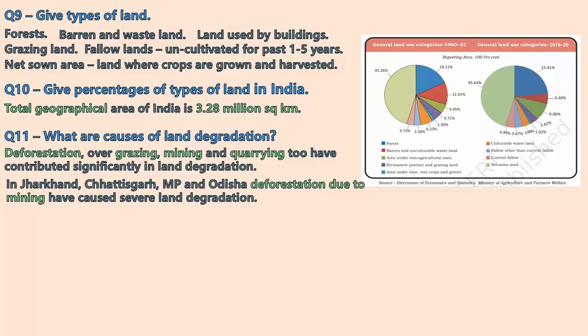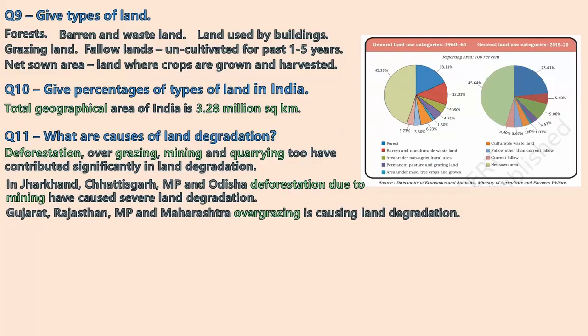In Jharkhand, Chhattisgarh, MP and Odisha, deforestation due to mining has caused severe land degradation. They wanted to mine minerals from the sands there, and those sands had forests on them, so they had to deforest it. That is a huge problem for the environment. In Gujarat, Rajasthan, MP and Maharashtra, overgrazing is causing land degradation.